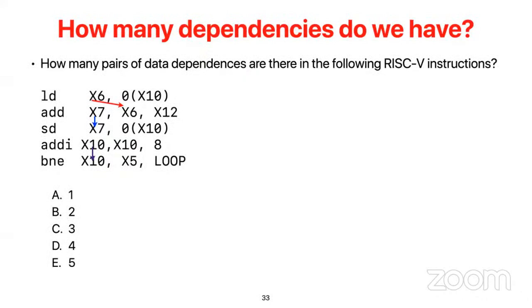Winston, question. Yeah, I had a question. Recently we learned about out of order execution. Would out of order execution affect how many data dependencies we would have? That's a very good question, but the data dependency here is in terms of if you execute these instructions in order.